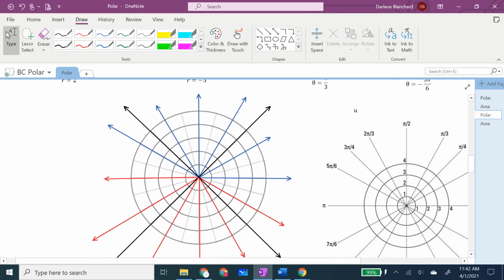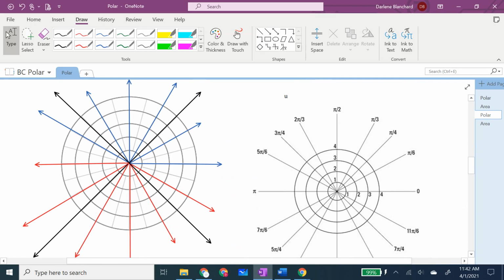But you have to realize that while it is turning, positive and negative sides are kind of swapping some bits. So when my angle is at pi, I want to really make sure this is clear to you. When I am at angle pi, I have rotated that much, and at that time, this is the positive axis and this is the negative axis. If I have a negative radius when I am located at pi, say it's -4, this is the polar point where r is -4 and theta is pi.